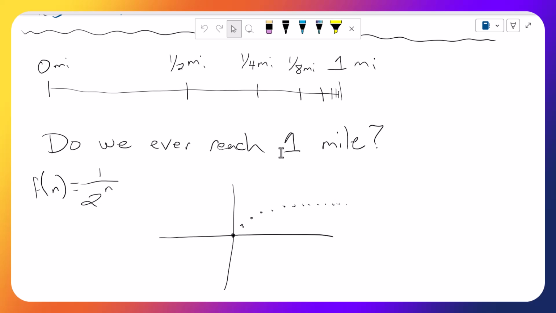And if you remember from Algebra 2, maybe pre-cal, that this is actually an asymptote.